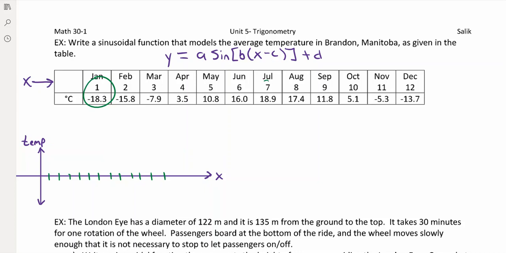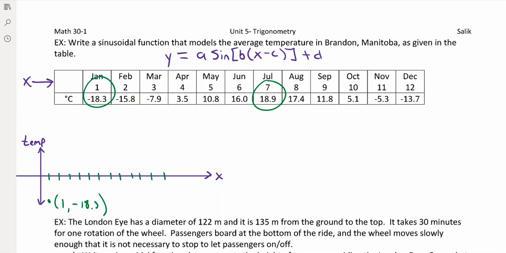So let's roughly sketch those out. When the month is the 1st, January, we're down here at negative 18.3. So that's that point there.